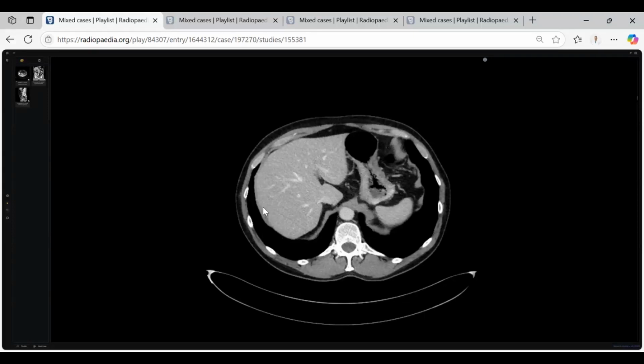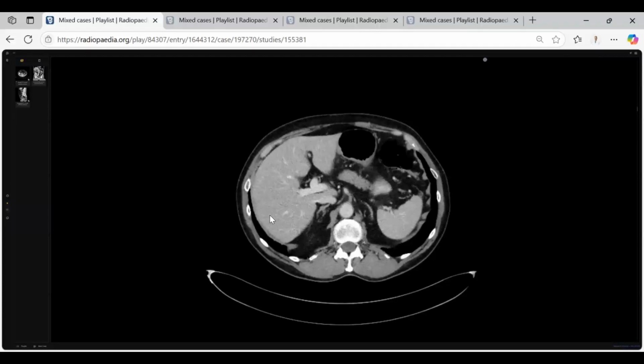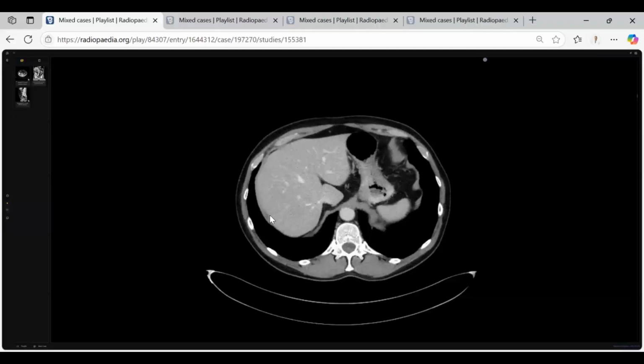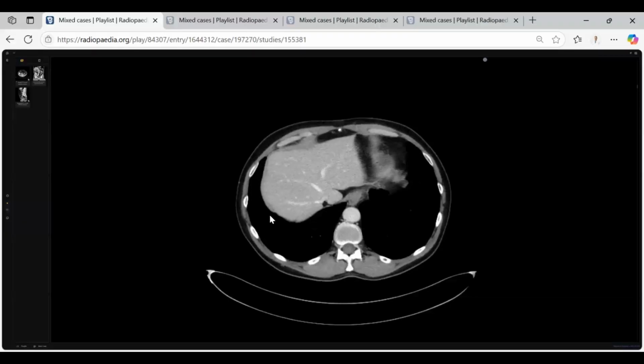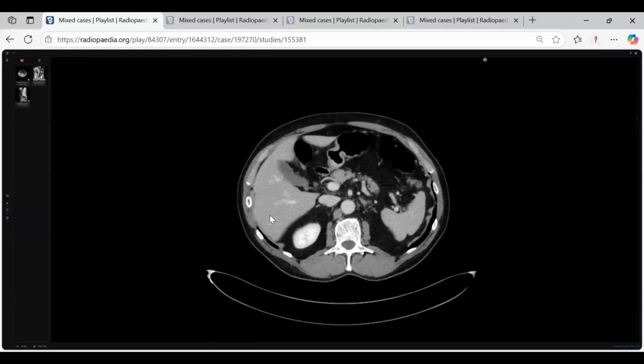So this is at least gastric adenocarcinoma. I'm talking about this only, not the whole. So this is a case of subtle adenocarcinoma of the fundus of the stomach.